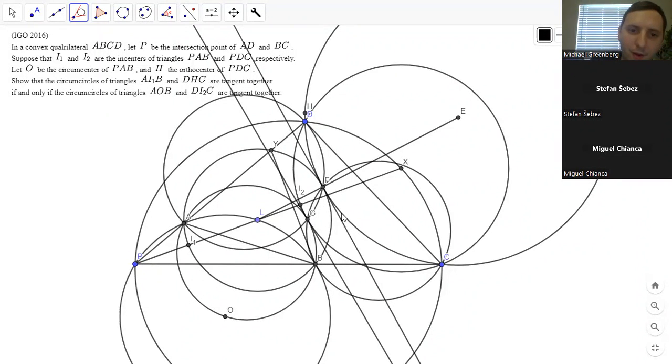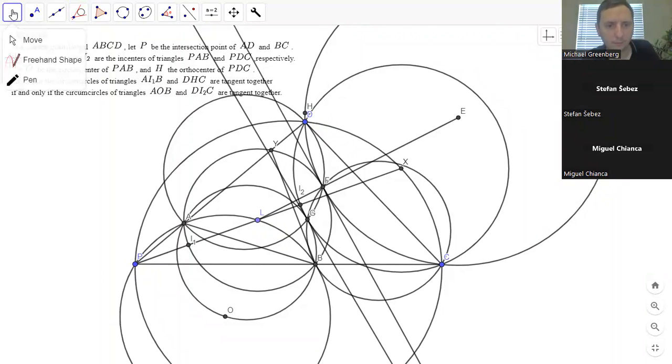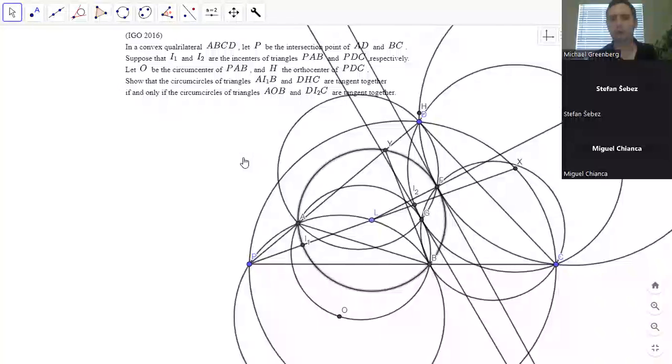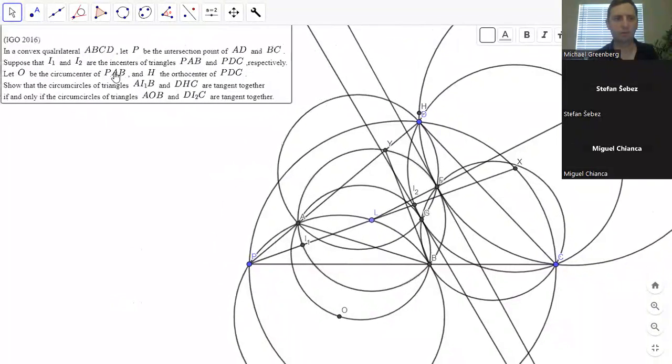Interesting. Yeah, it looks much easier to prove the other angle sum. So let's first assume that DHC and AIB are tangent. Then we could do the angle chase to show that those are tangent, and then we could try to do it in reverse. So yeah, the proof can be done in reverse for sure.